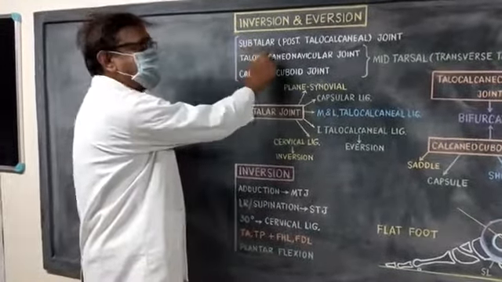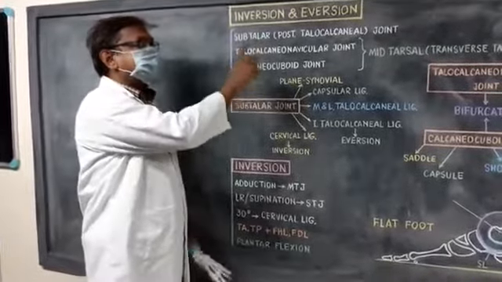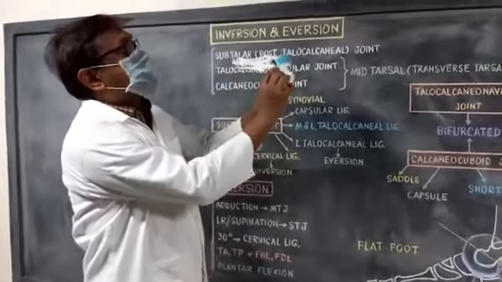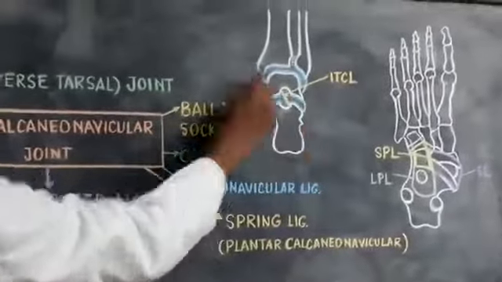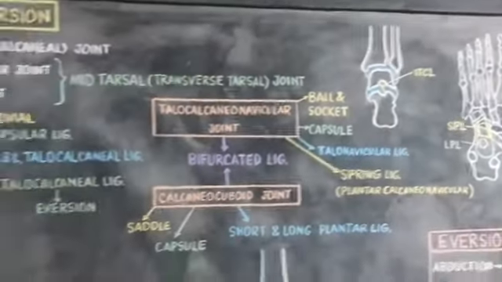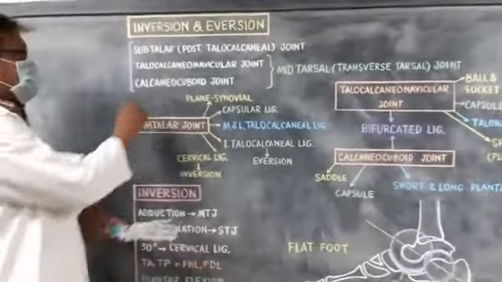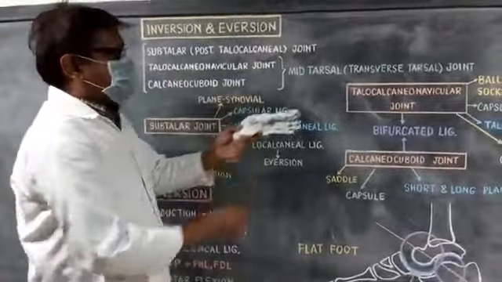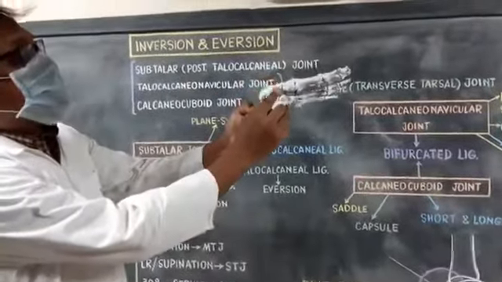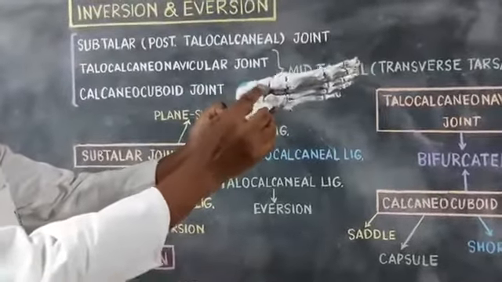One is the subtalar joint or posterior talocalcaneal joint. This is the subtalar joint. Second, talocalcaneonavicular joint.